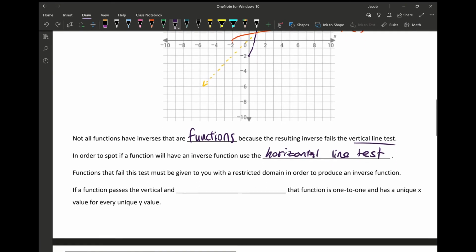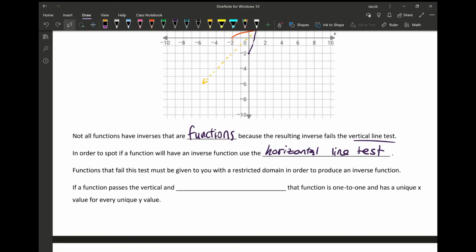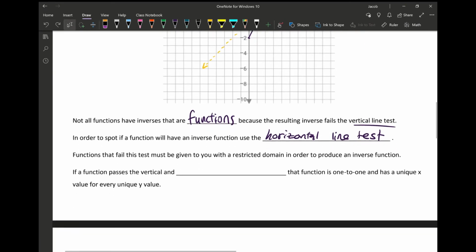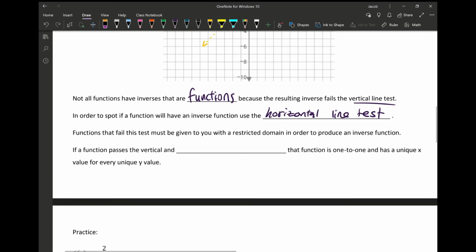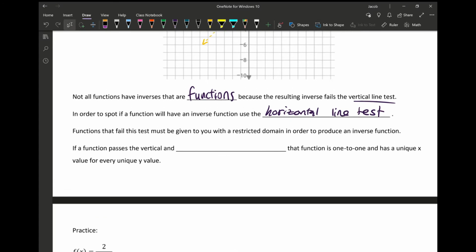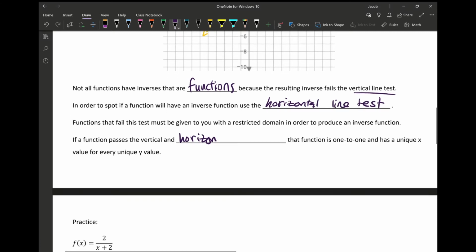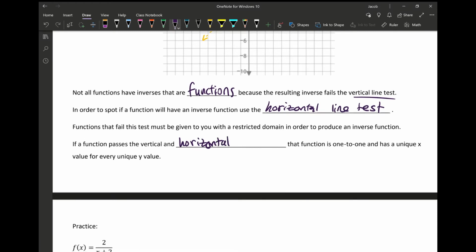That's how we would know its inverse would fail the vertical line test. Functions that fail this test must be given to you with a restricted domain, which we discussed, and if a function passes the vertical and horizontal line test, then that function is 1-to-1.